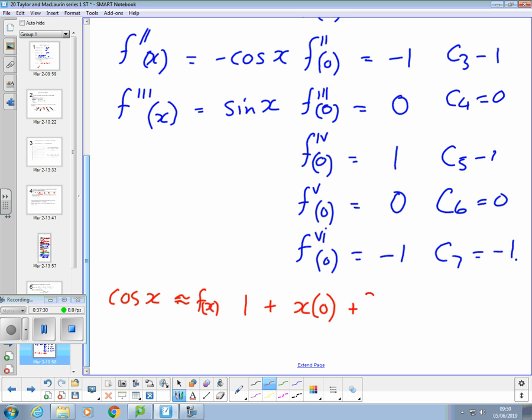We've got the x squared term over 2 factorial, and the constant for that is minus 1. We've got the x cubed term, that would be over 3 factorial, and the constant is 0.